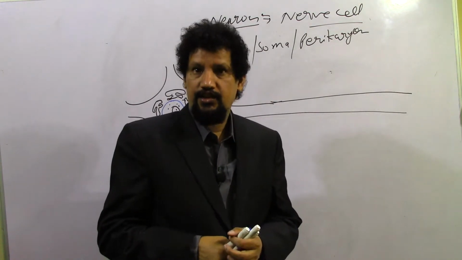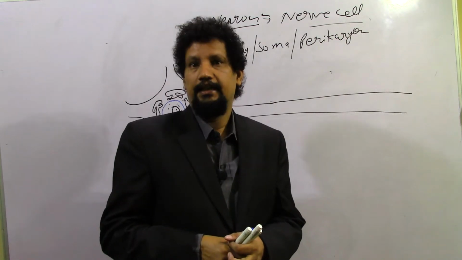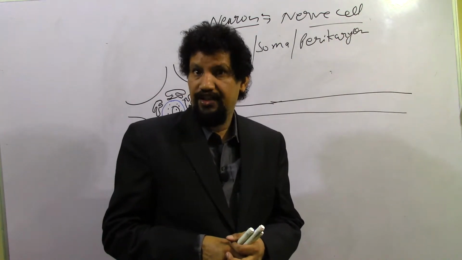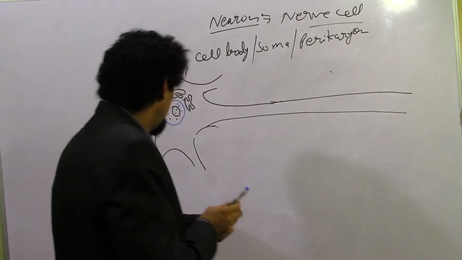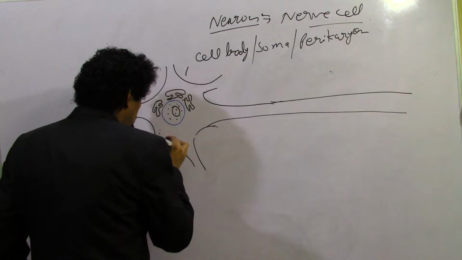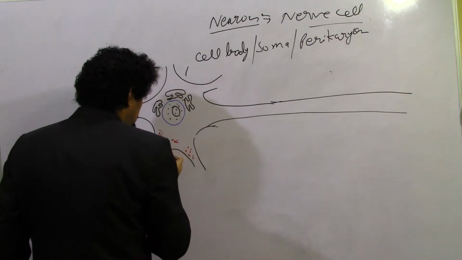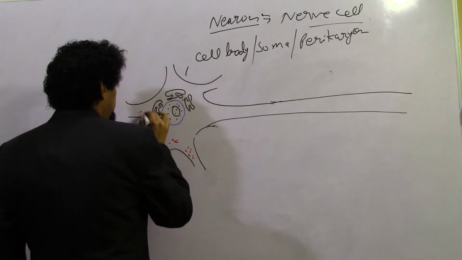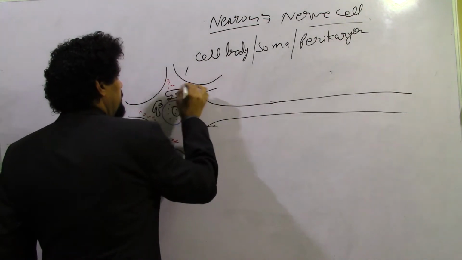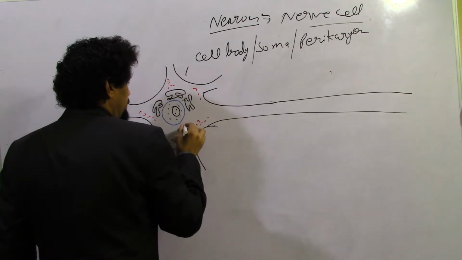These are the rough endoplasmic reticulum known as Nissl substance or Nissl bodies. So these have groups of ribosomes and rough endoplasmic reticulum.